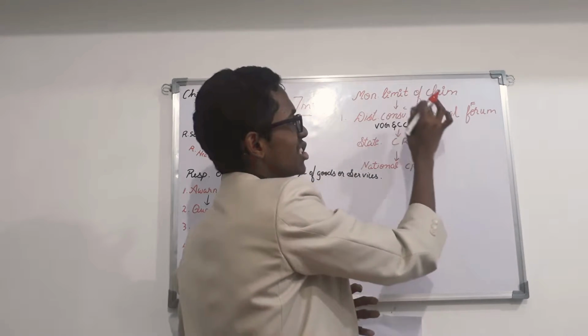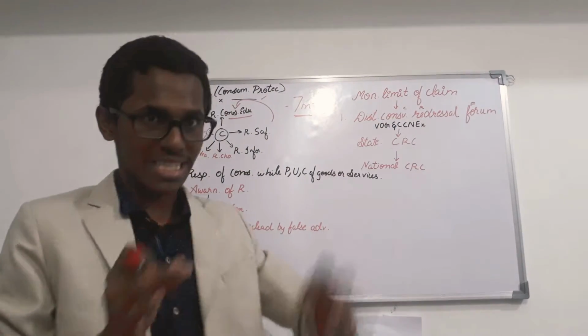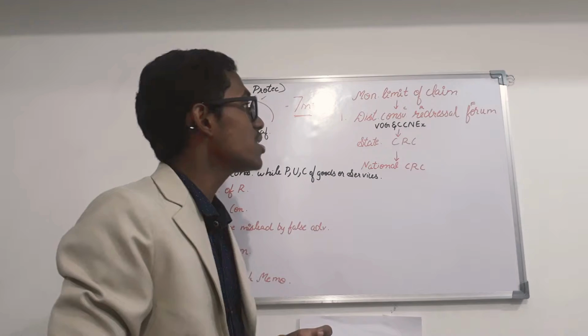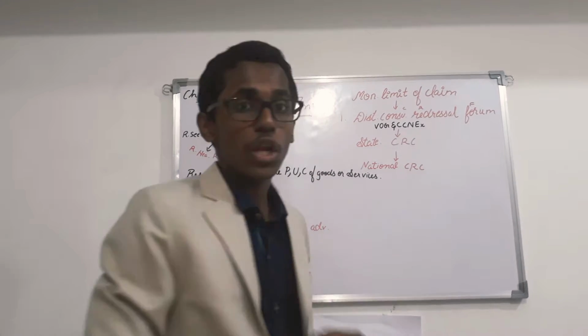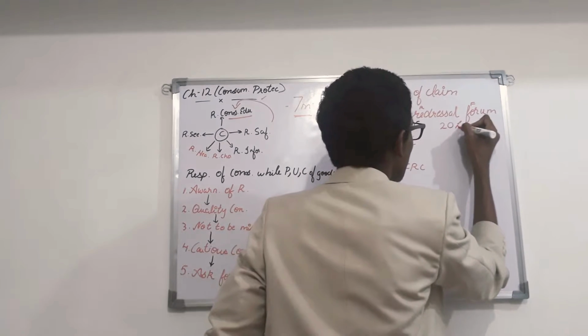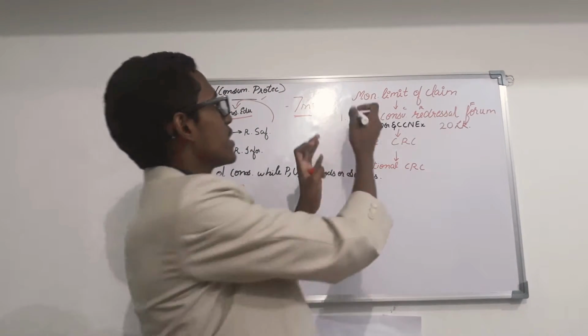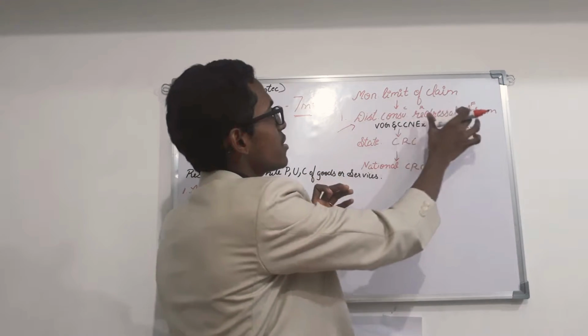In the District Consumer Redressal Forum, the value of goods or services and compensation claimed should not exceed 20 lakhs. You can go to this particular place, known as the District Consumer Redressal Forum.